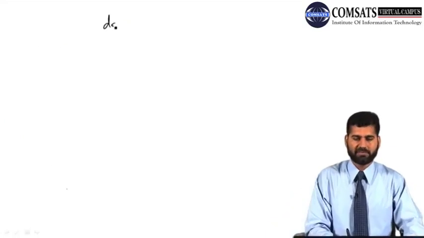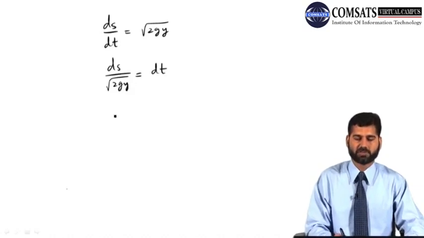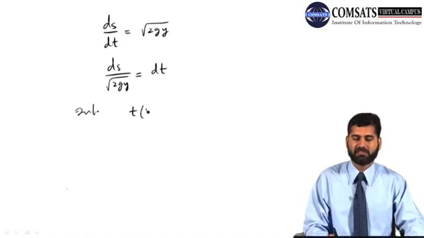Alright? We have this, ds by dt is equal to square root of 2gy. So what I can do is, I can write ds by square root of 2gy is equal to dt. So now integrate.